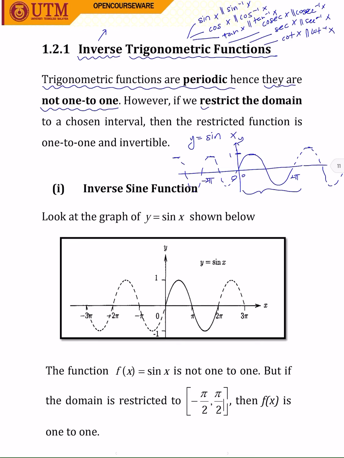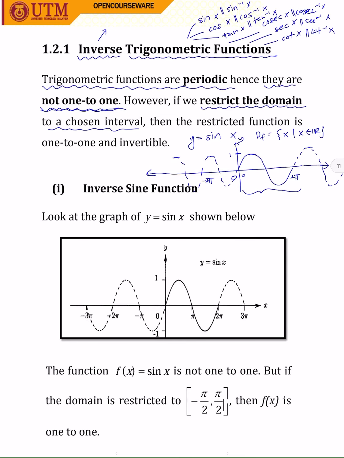However, if we restrict the domain, to choose an interval: if it's not a one-to-one function, the domain for the sine x is basically for all R. It can go from minus infinity until infinity.